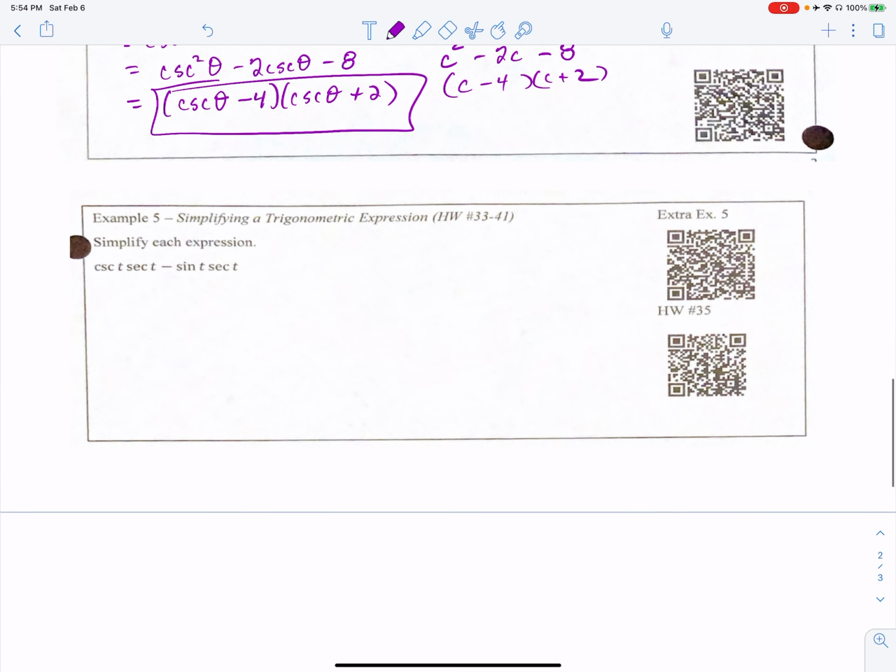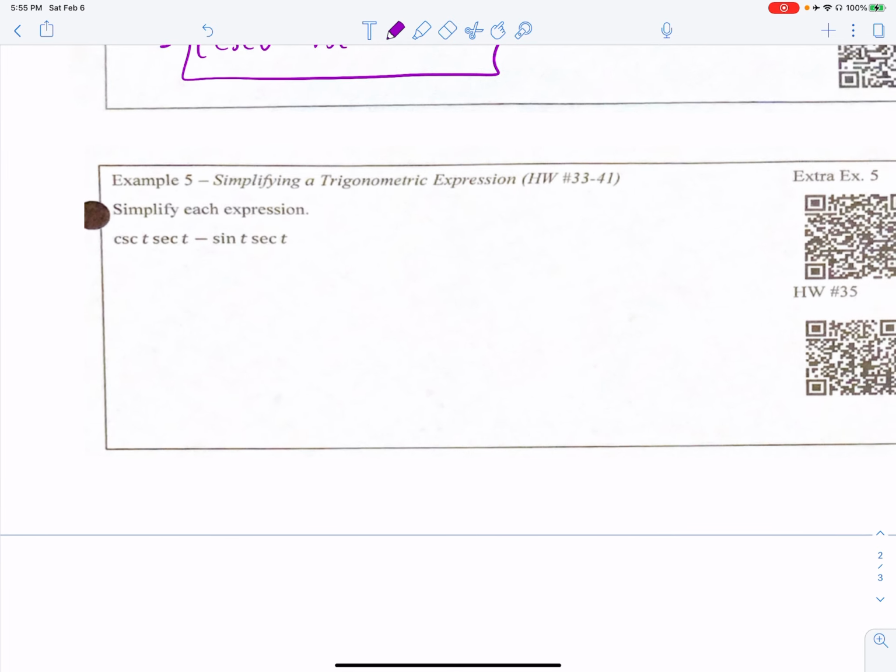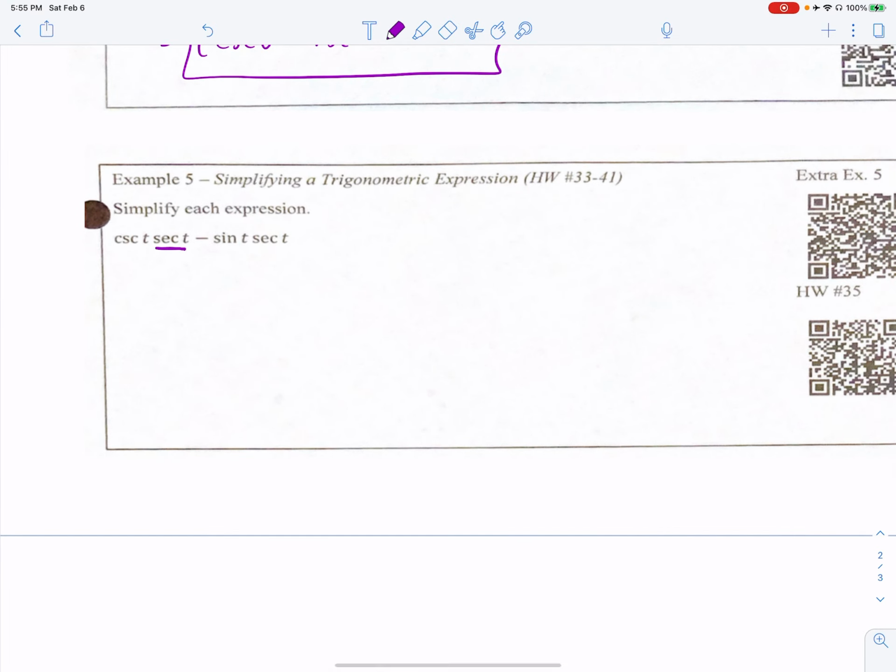And then example 5, simplify this expression. And for this one, we're going to use just kind of a combination of some different things. First of all, I see two terms that both have secant, meaning I can write the original problem, go down the page, not left to right, put an equal sign, and I can pull out that secant t.